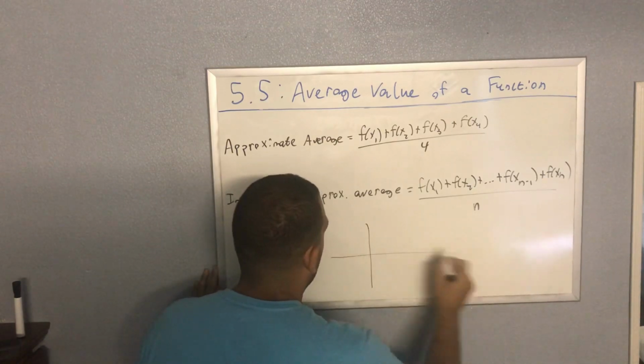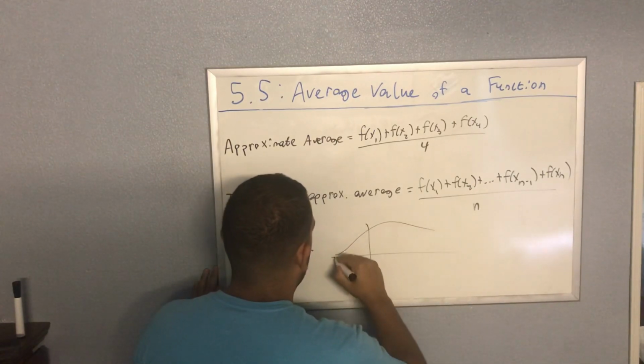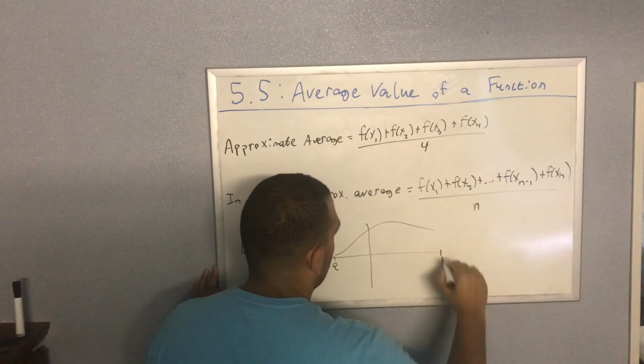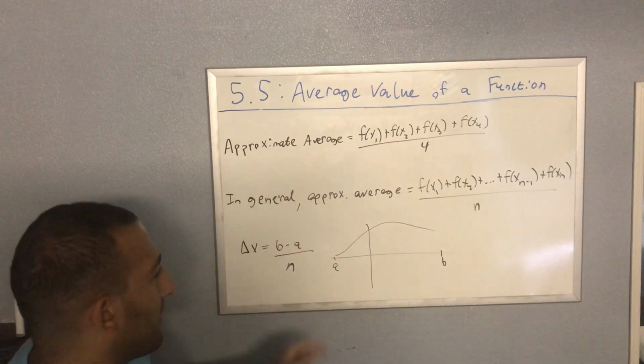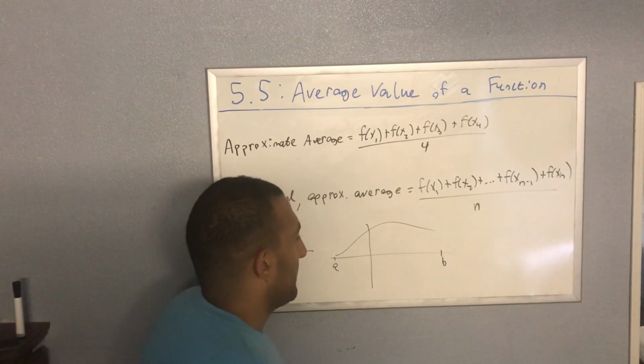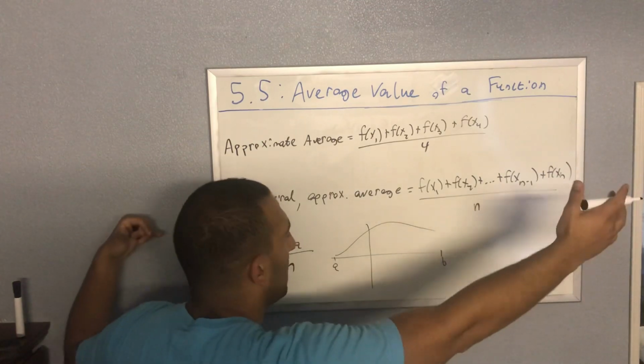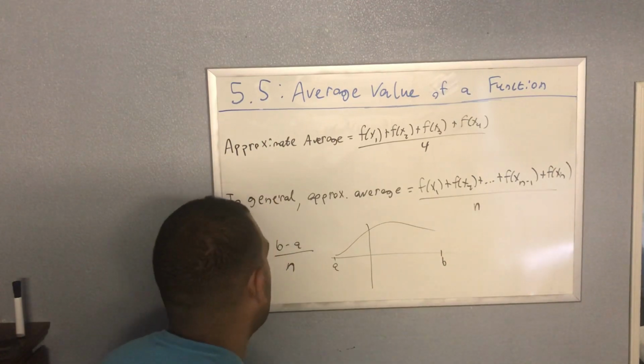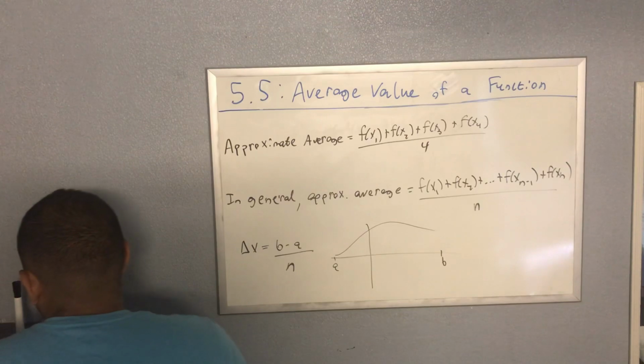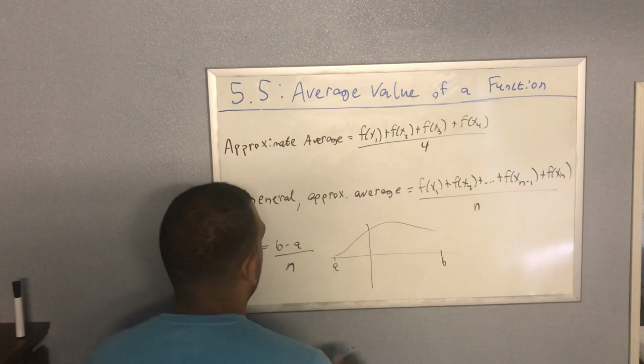So remember the function I drew roughly looked like this. This was a, and this is b. So we want the average value from a to b. Because the function could go on forever, but we just mean between a and b, what is its average value? So this gives context to what a and b are.